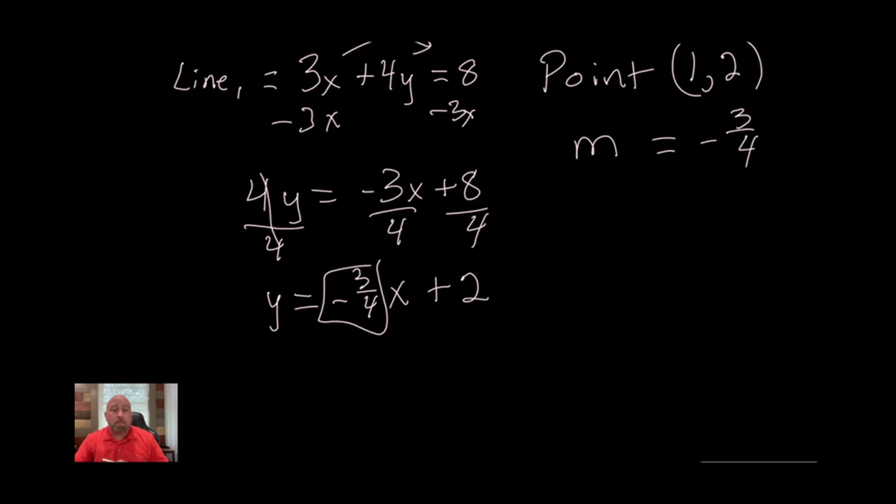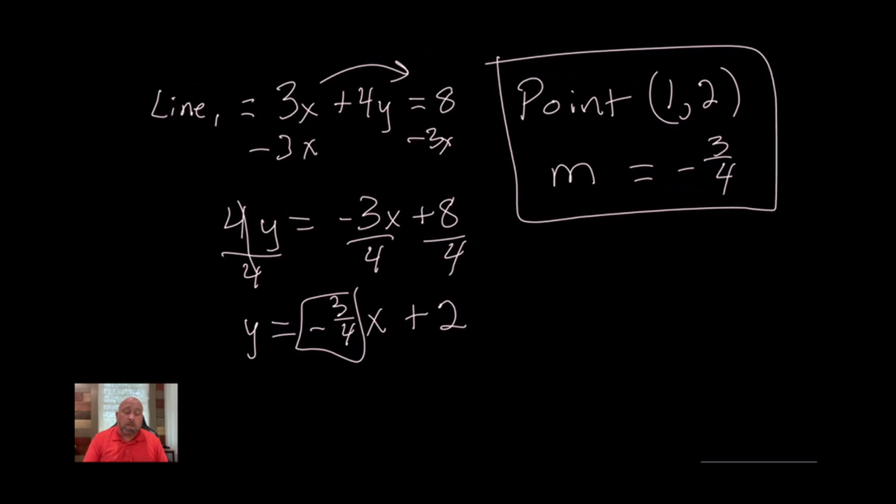So now we want to create our parallel line out of this. Okay, and we should be able to do this. Do you remember how to plug that into the formula? Our formula for this from last lesson is going to be y minus y1 equals our slope times our x minus our x1.